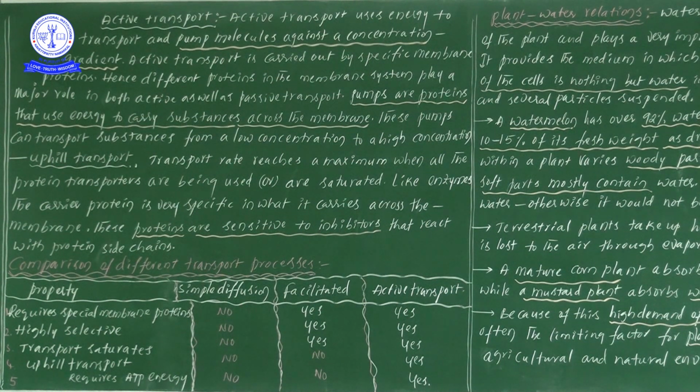Next one, now let us see the comparison of different transport processes: simple diffusion, facilitated diffusion, and active transport, against a set of properties. Try to remember these 5 statements in order.